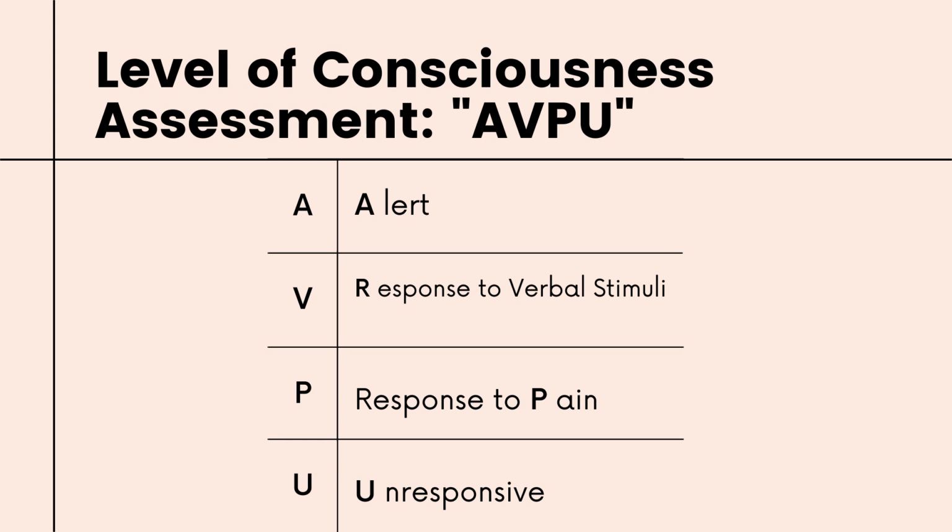The AVPU scale should be assessed during these three identifiable traits, looking for the best response for each. It has four possible outcomes for recording, and the nurse should always work from the best, A, to worst, U, to avoid unnecessary tests on patients who are clearly conscious. On the other hand, it should not be used for a long-term follow-up of neurological status.